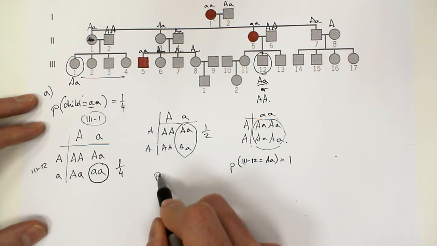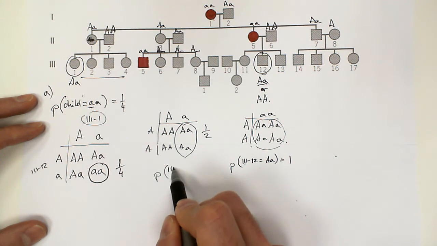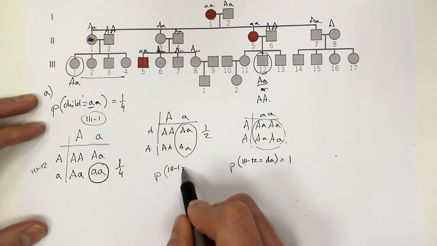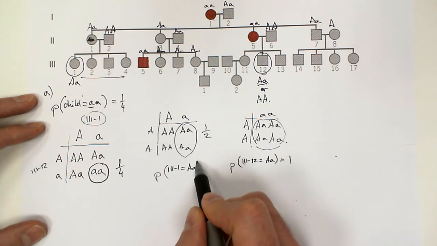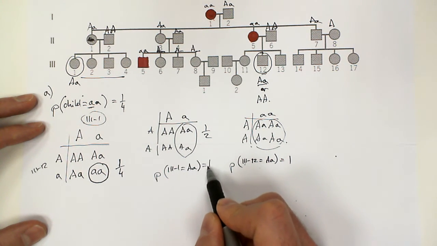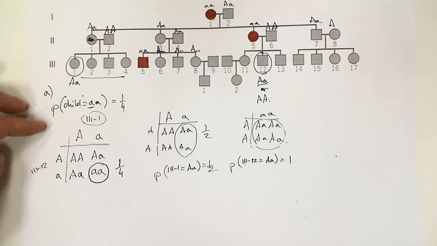So P of 3-1 being equal to big A, little a is equal to 1/2. Okay?